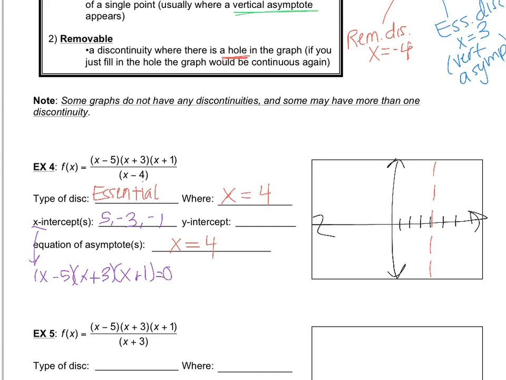Those are all our x-intercepts. Again, that comes from where our function itself equals 0. That's the x-intercept. So I will plot those on my x-axis. So we've got x-intercepts at 5, -3, and -1.